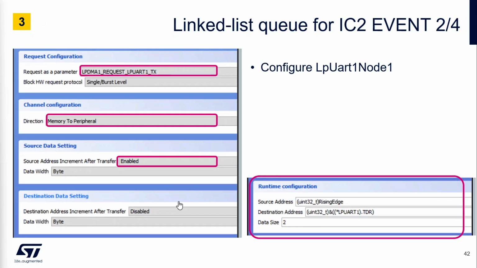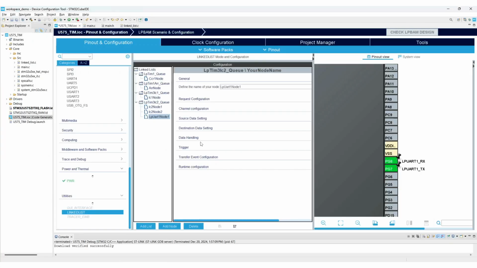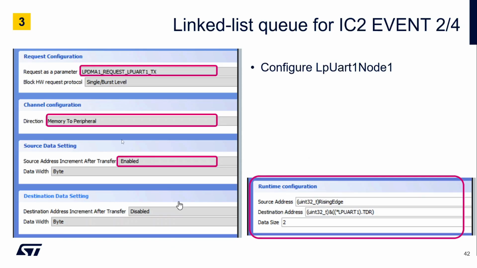First will be LPUART1 node 1, which is prepared here. It will be requested by LPUART transmit. It will be transferred from memory to peripheral byte-wide, from the rising edge variable to the data register, total 2 bytes.